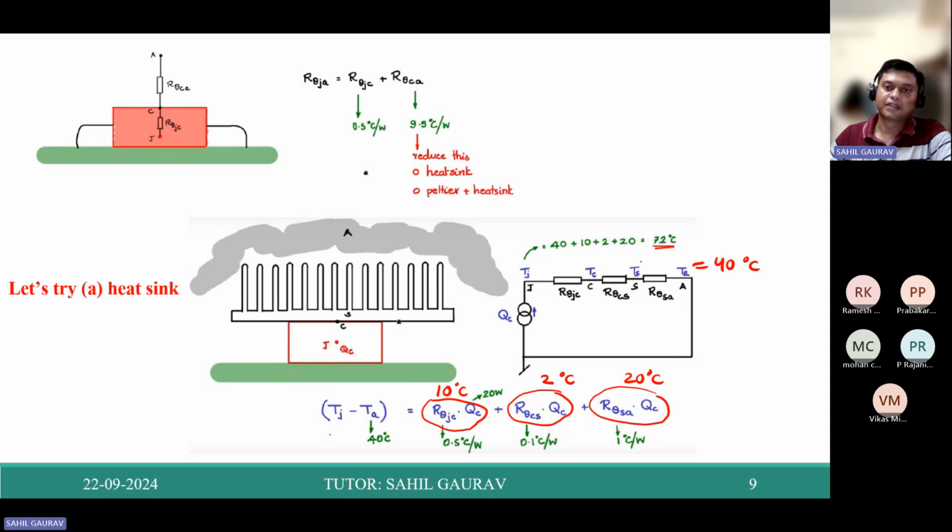Ts will come as 60 degrees, Tc will come as 62 degrees, and Tj will come as 72 degrees Celsius. So you can play with this thermal circuit like this.